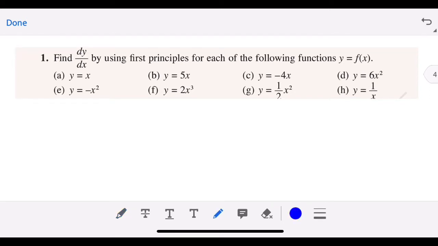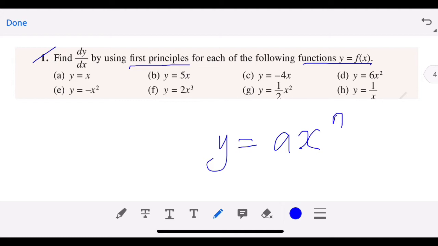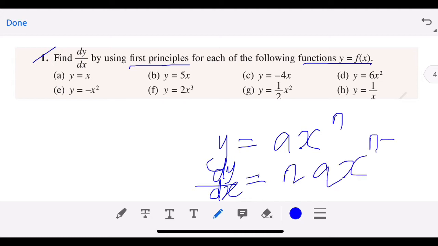For 1A, let's say the question says find dy dx using first principle. So you cannot use a formula for the function. I know that some of you have learned this formula, maybe you went for tuition, right? So you do dy dx and you just apply the formula, bring down the power, times with the a, times with the x, and minus 1.